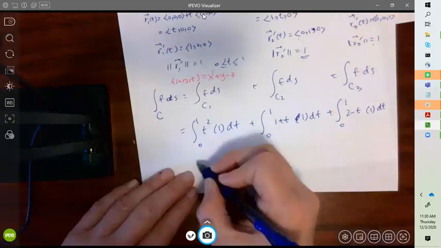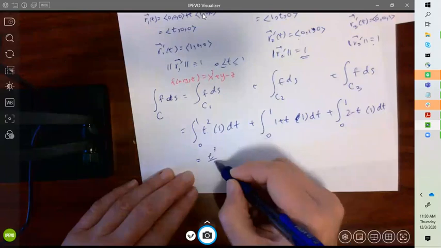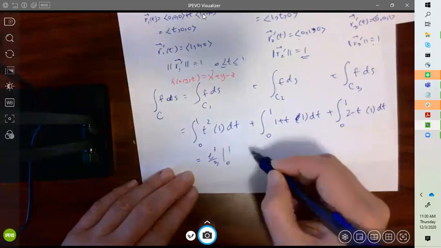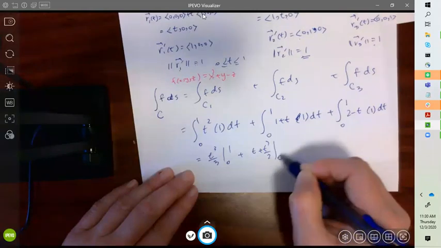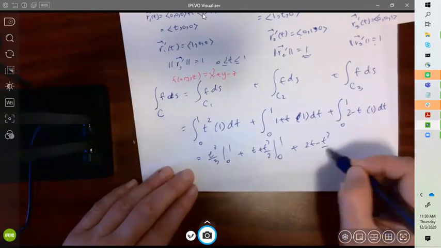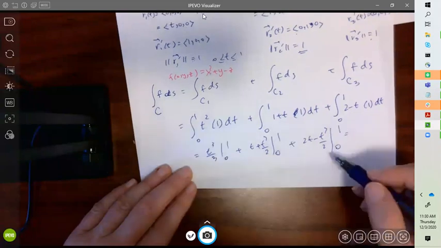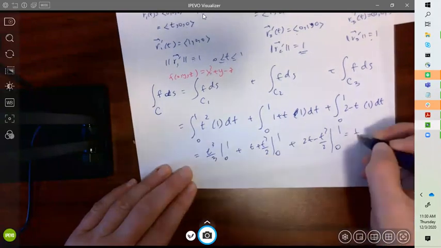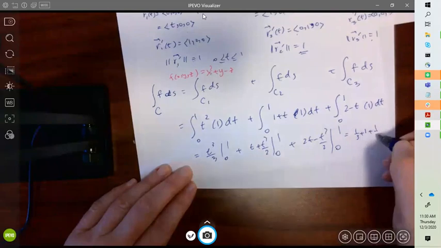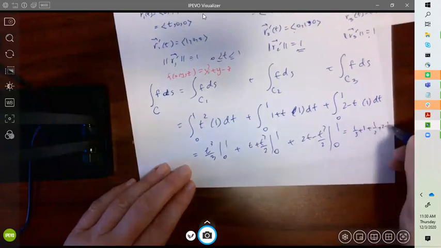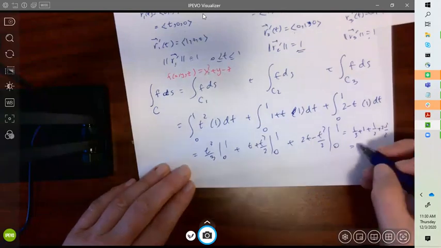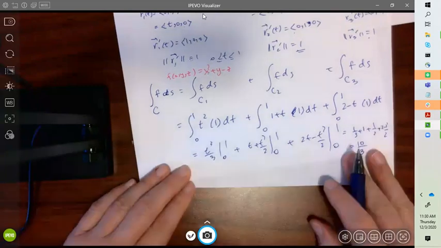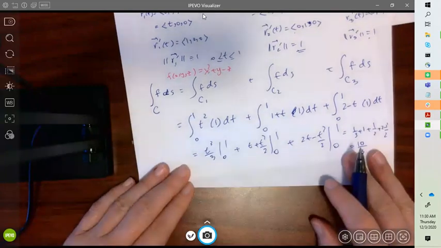Then you compute it, which would be t cubed over 3, 0 to 1, plus t plus t squared over 2, 0 to 1, plus 2t minus t squared over 2, 0 to 1. 1/3 plus 1 plus 1/2 plus 2 minus 1/2. And that is 3 plus 1/3, which is 10/3. So that's 10/3. That was part A, right?